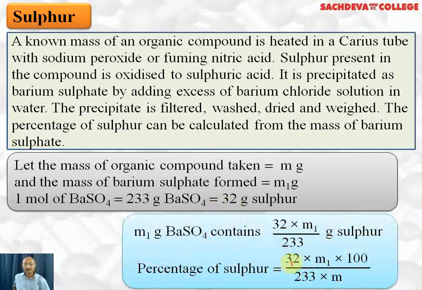Percentage of sulfur will be 32 into m1 into 100 divided by 233 into m, where m is the mass of organic compound. So this formula will be used for estimation of sulfur in a given organic compound.